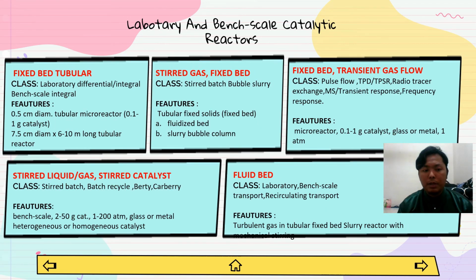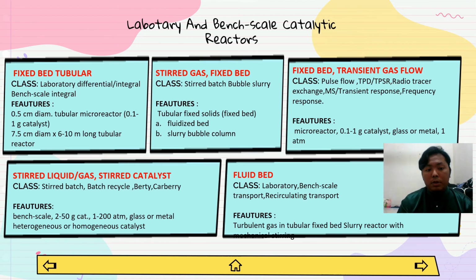For the last part, I will explain the laboratory and bench scale catalytic reactor. As I mentioned before, in the classification I told you about examples of reactors used to determine some parts of the classification.